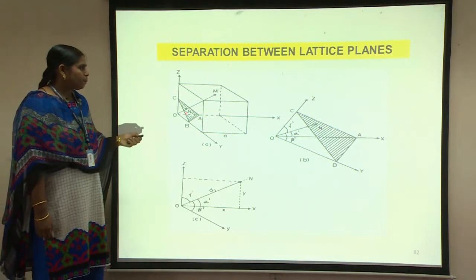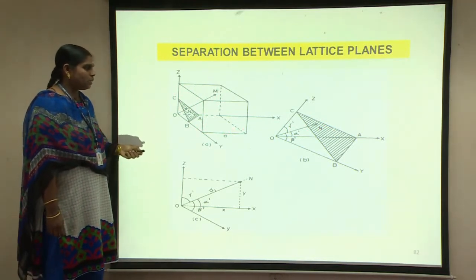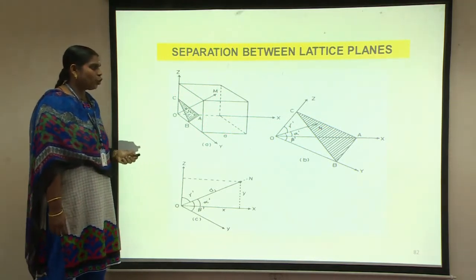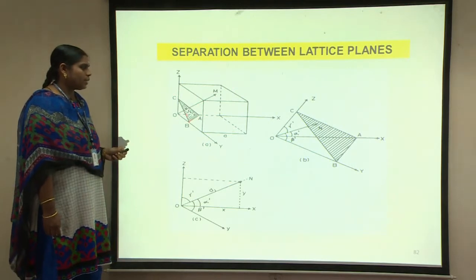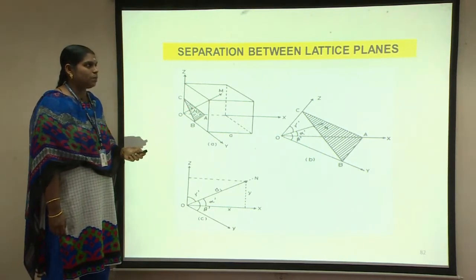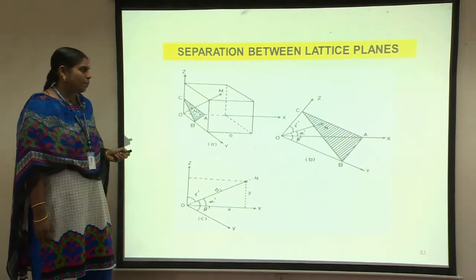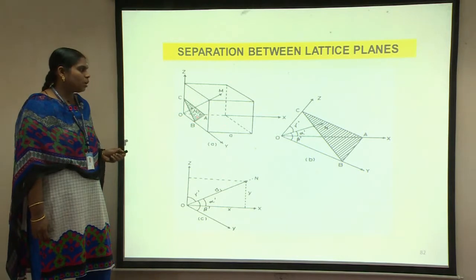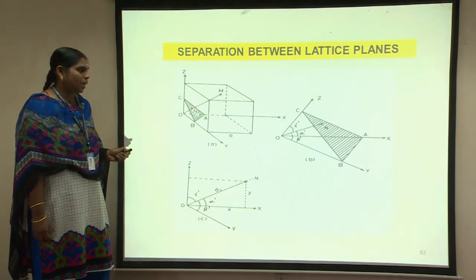We are considering a cubical lattice. Inside the cubical lattice, there is a triangular plane under consideration. Now our problem is to find the separation between the lattice planes, that is, the separation between the origin and the triangular plane.